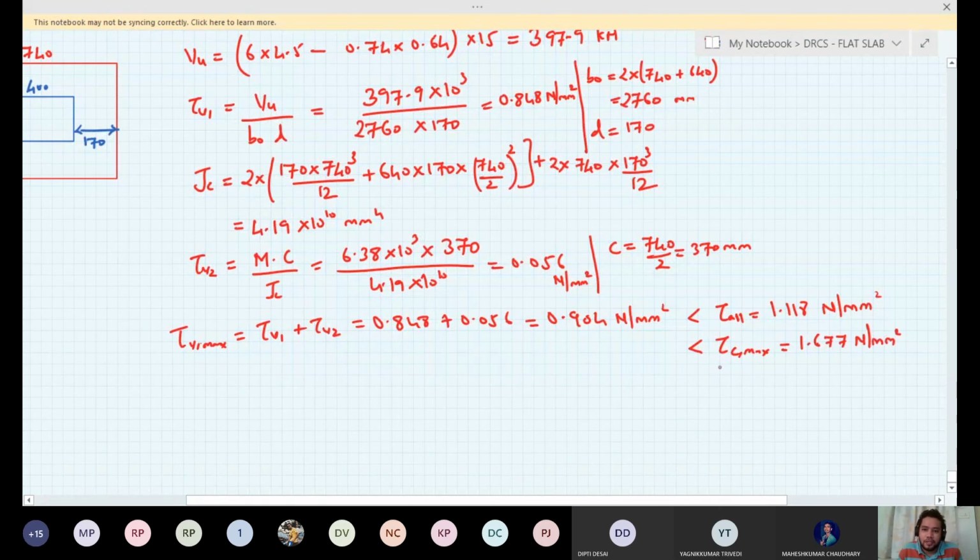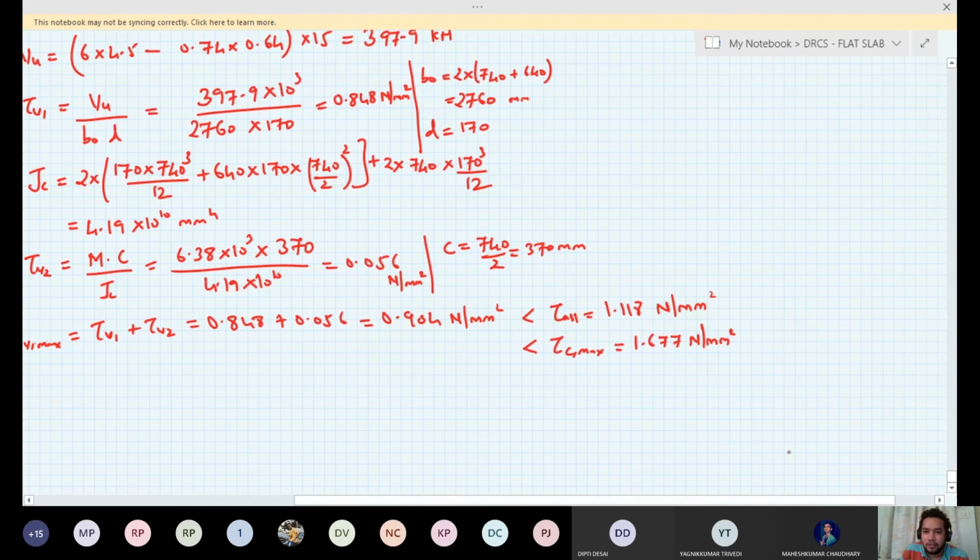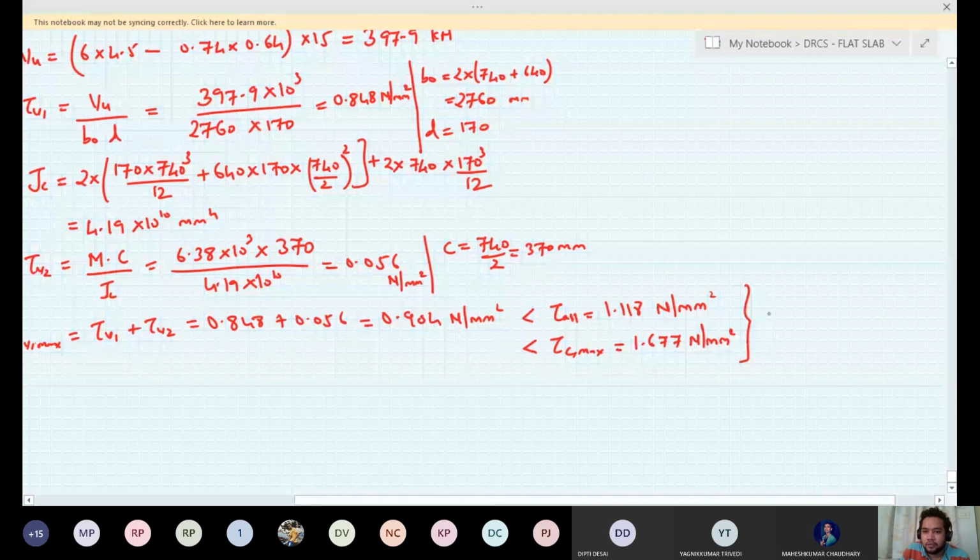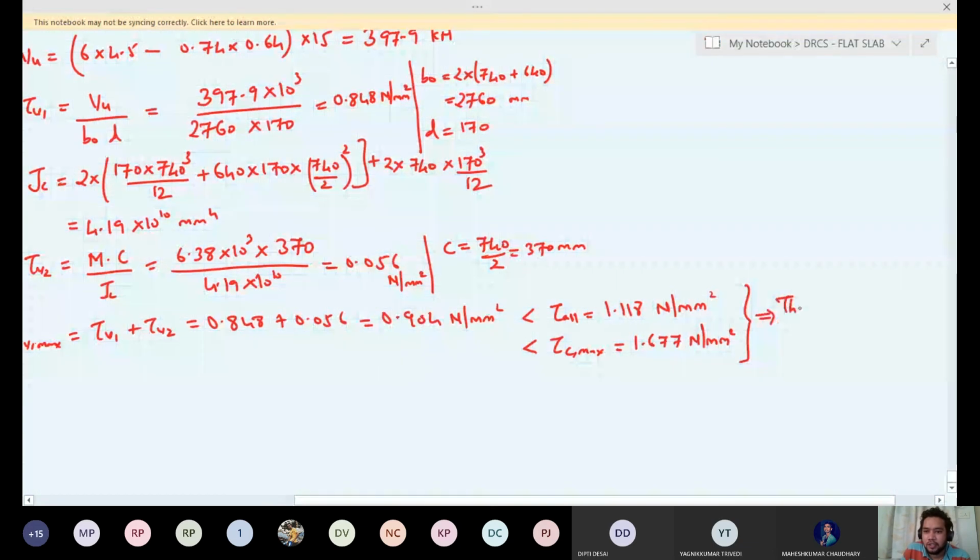So theoretically at this location, beyond this location we do not need any shear reinforcement.